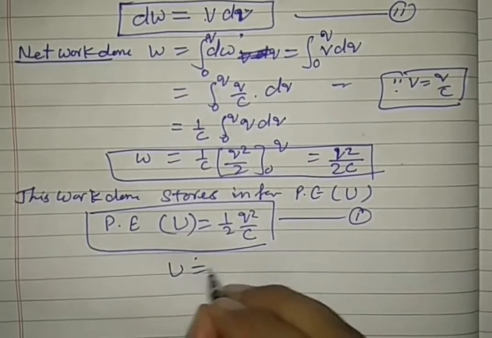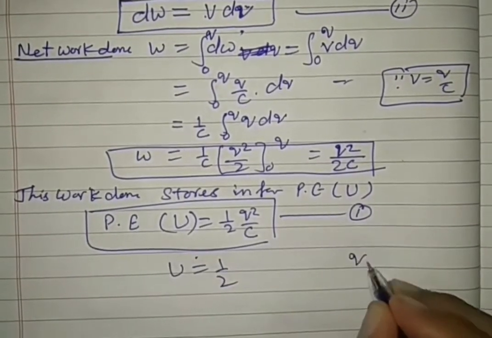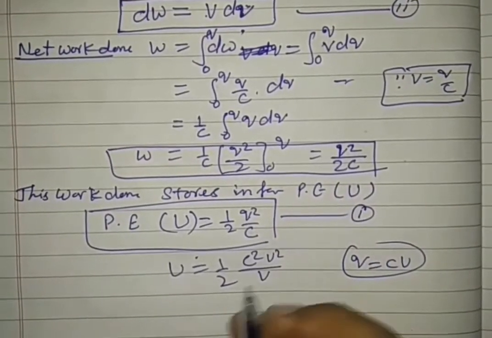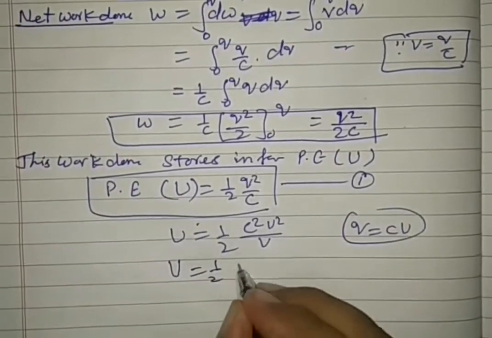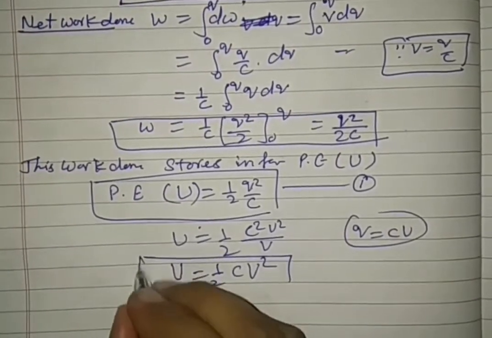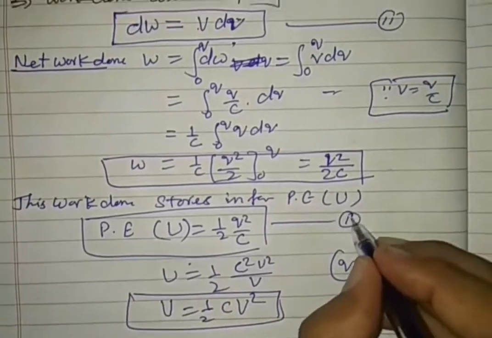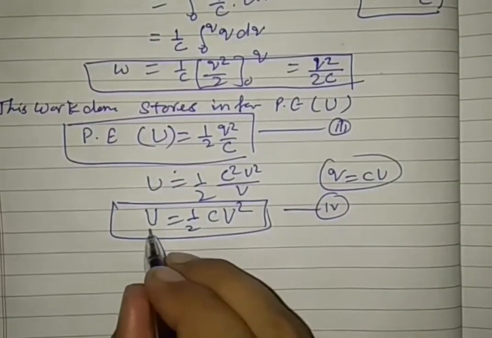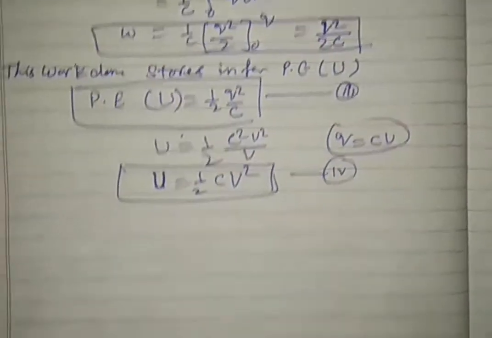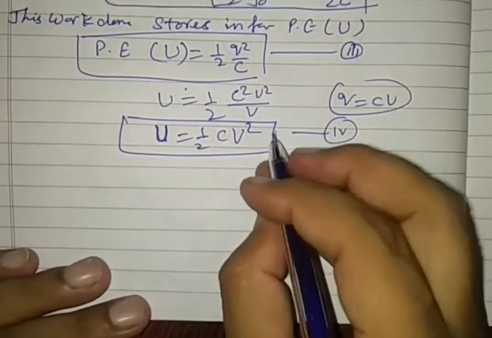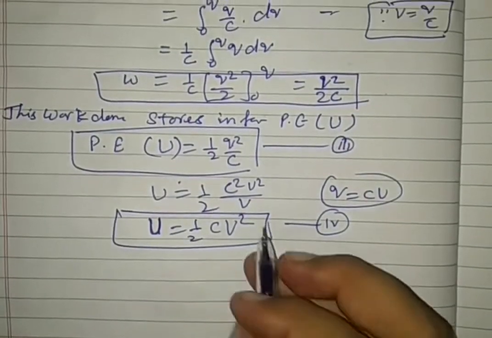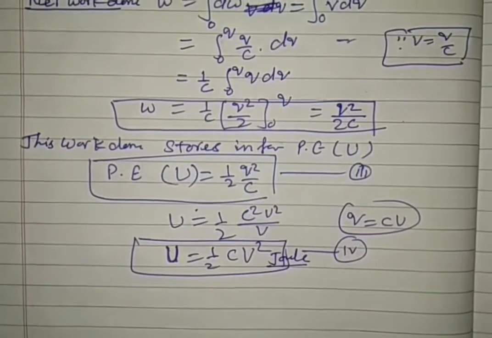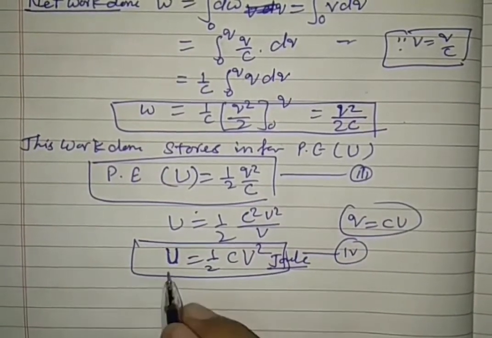Since Q is equal to CV, putting it in, it is C square V square by C, and this becomes half CV square. It is also represented. This is equation number 3, because 1 and 2 are over, so it becomes equation 4. This is the formula to calculate electric potential energy stored within a capacitor in joules.